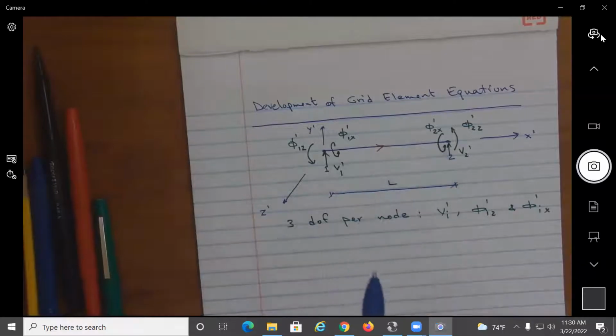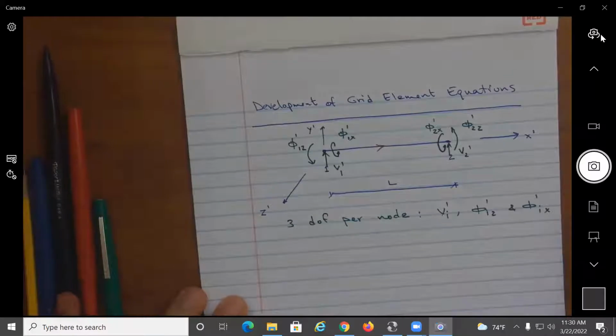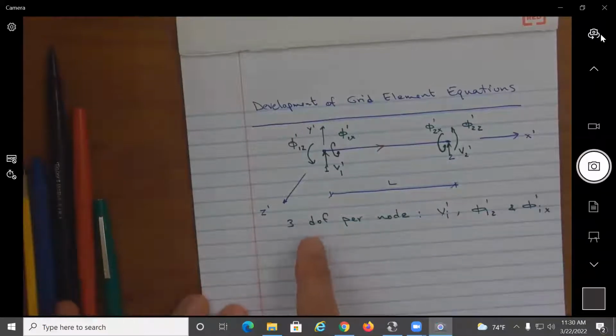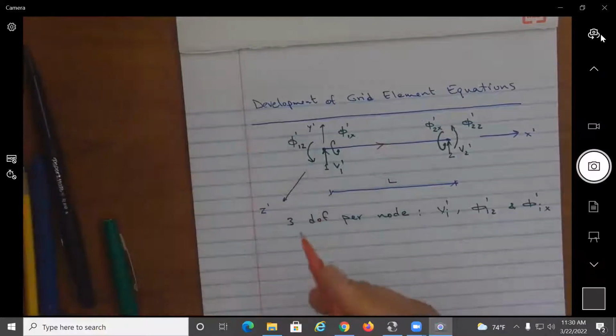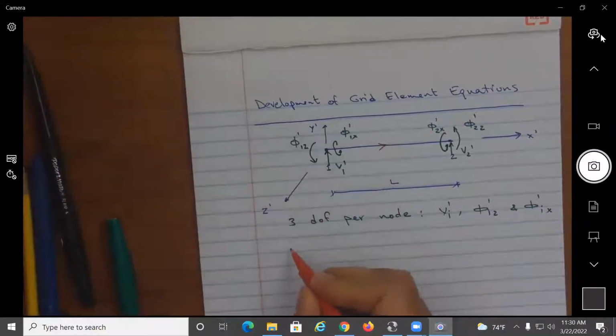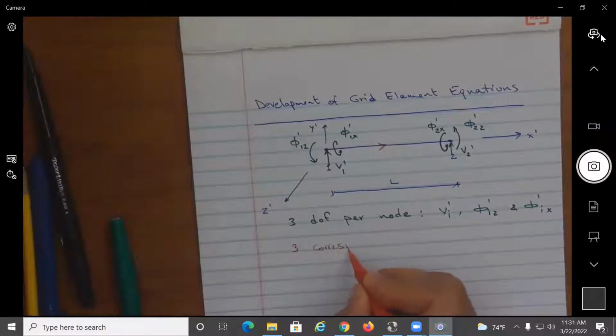Since mostly the loads are perpendicular to the plane of the grid, the plane of the structure, we are going to ignore axial displacements. Now, corresponding to these degrees of freedom, we are going to have 3 corresponding nodal forces.